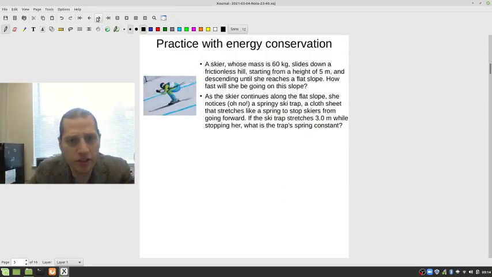Okay, here's another, sort of a silly problem that I made up last night to try to drive this home again. Remember, in our very simple problems, we only have to worry about 3 types of energy. Kinetic energy, 1/2 mv squared, which just depends on the speed and the mass of the object.